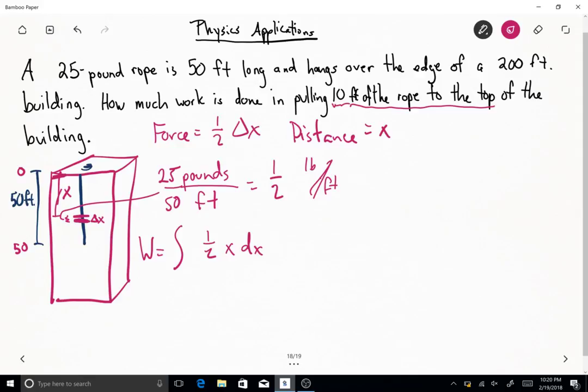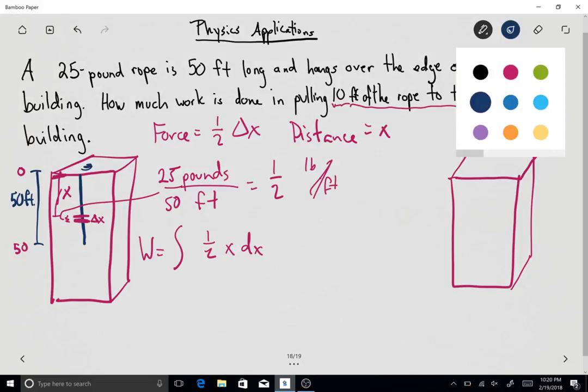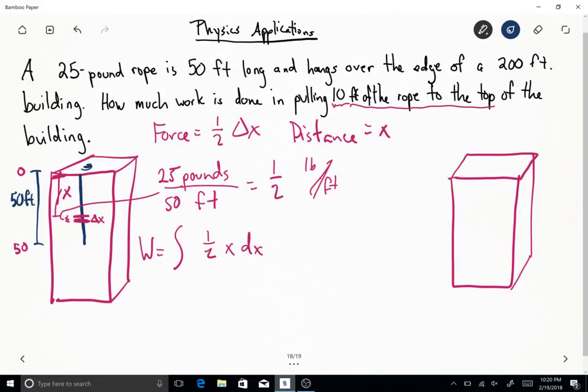This is the tricky part for a lot of people. Yeah, so 50 is one of them. We don't want to pull it all the way from 0 to 50, and I'll explain why. We're only pulling 10 feet of the rope, so we're still going to have a whole bunch of rope hanging over.